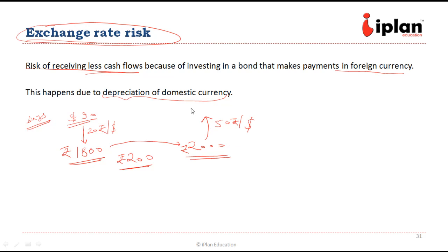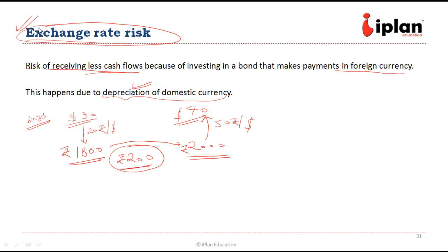So this 2000 rupees will become $40. This person has gained in terms of rupees in this bond, but has lost in terms of dollar because of the exchange rate problem. The depreciation of the domestic currency has led to loss in the investment. So this is called exchange rate risk.